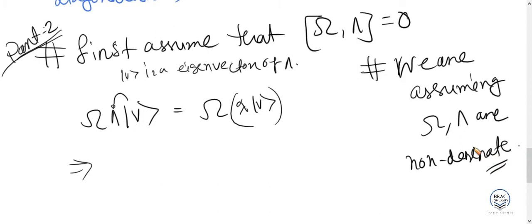The reason we are assuming that is because it's quite easy to do it when there is no degeneracy. When there is no degeneracy at all, for each of the eigenvalues we get a unique eigenvector.